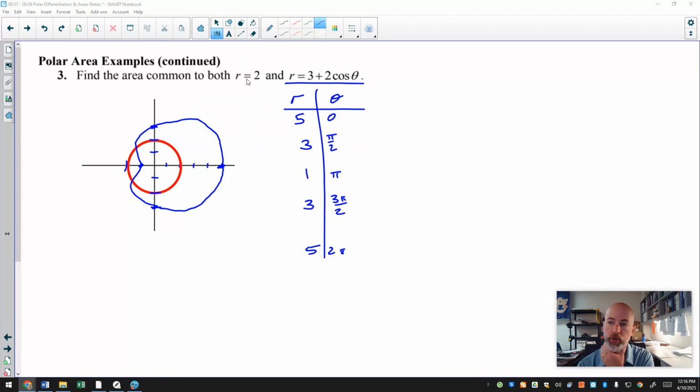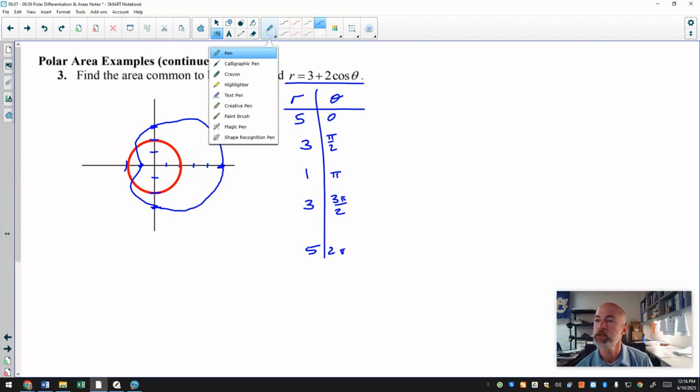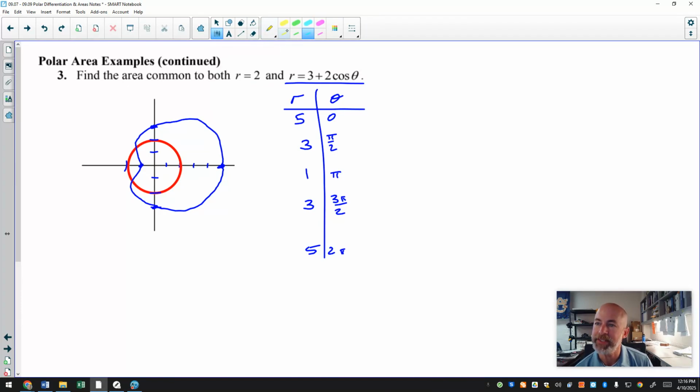By the way, r equals 2 just means your distance from the center, from the pole, is 2 units, which describes a circle. All points are 2 units from the center. And the region that is common to both is all of this. And we've got to find that area.